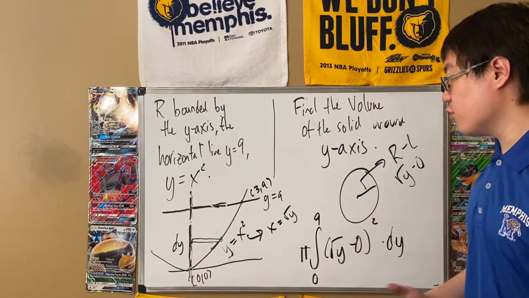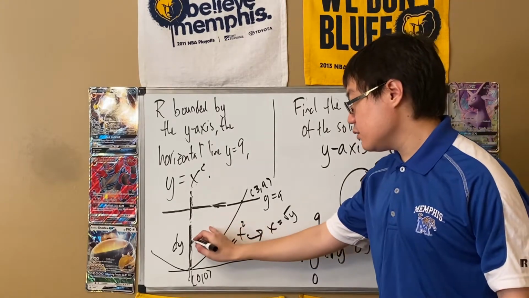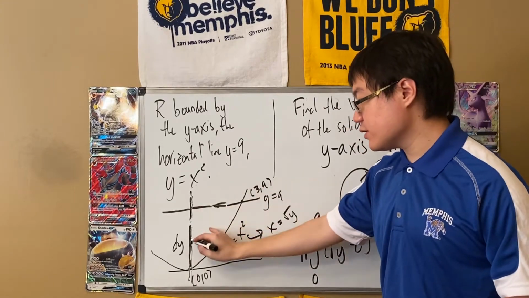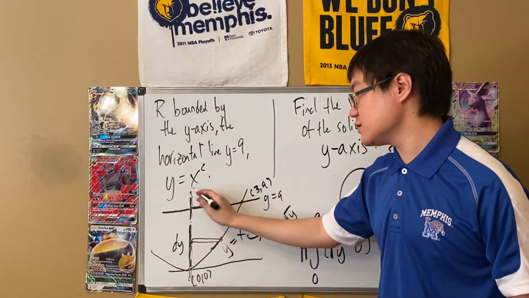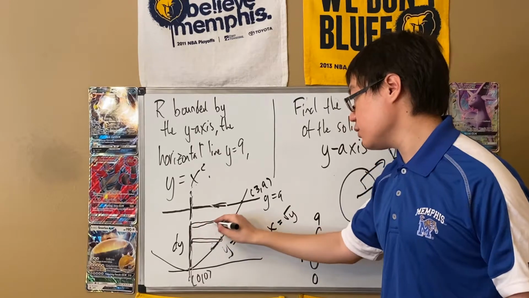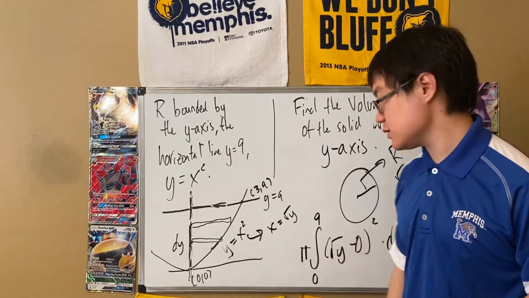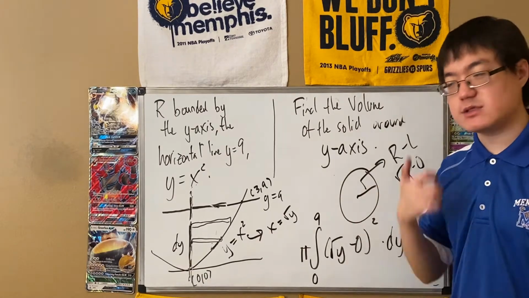Then we formed our nice disk here. How do we know that it's a disk? Well, again, notice that this rectangle is literally touching the axis that it's rotating around, no matter where you draw it. We'll see examples in the next one where we're going to start our washers, where the rectangles are not touching this axis. But if it is touching this axis, that means you have a disk.